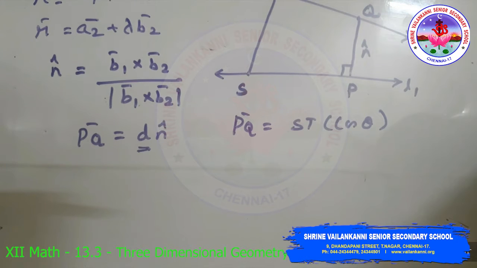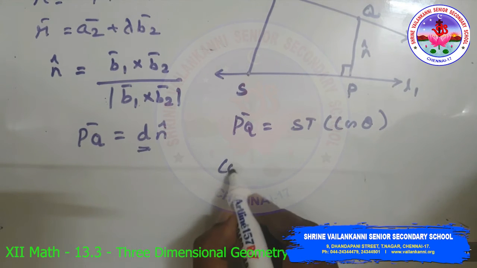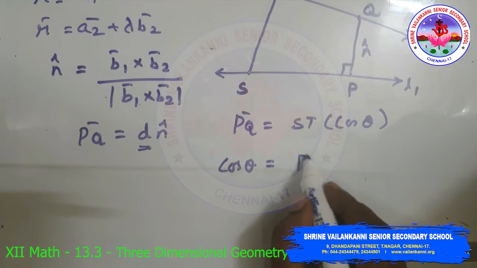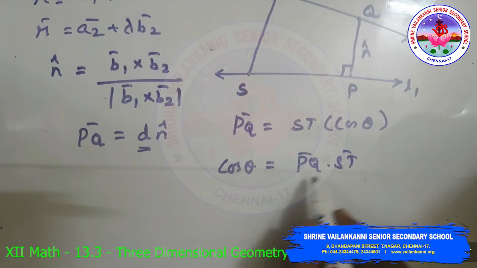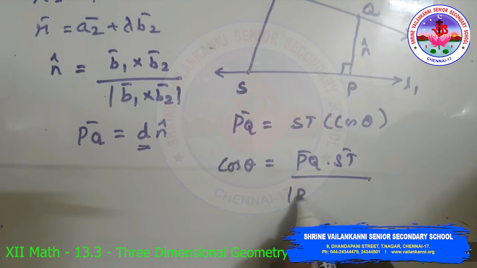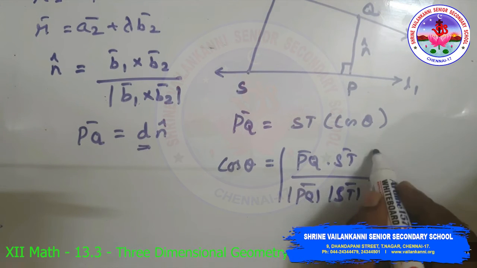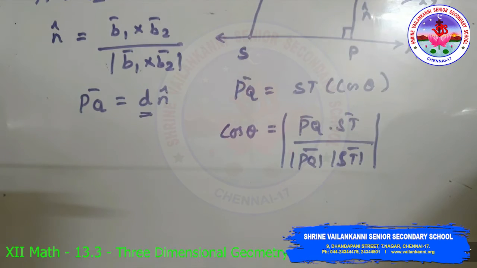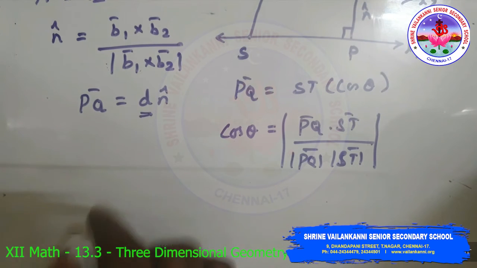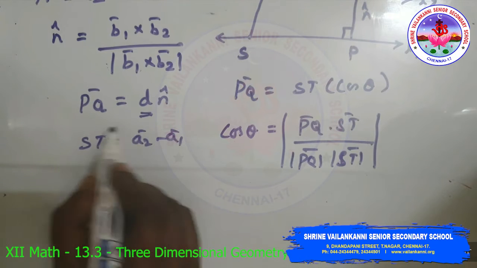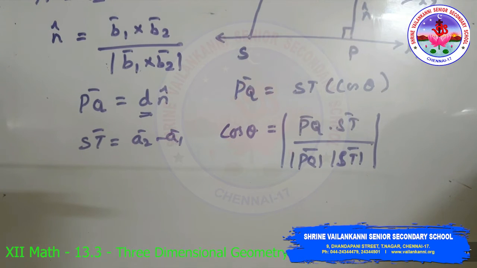Angle between two lines: cos theta equal to PQ dot ST by modulus of PQ modulus of ST. Modulus of PQ is D, PQ is D into n cap, and ST is a2 minus a1, where S on L1 has position vector a1 and T on L2 has position vector a2.